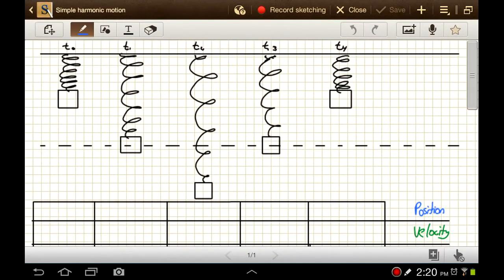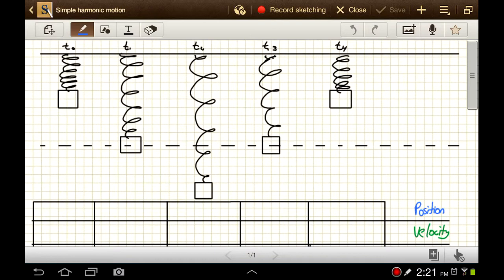We'll utilize this diagram again. I've condensed it a little bit and eliminated the middle steps along the way. So we're just going to look at the extremes and then the absolute middles here when our mass is at equilibrium. And we'll analyze this in terms of position, velocity, and acceleration.